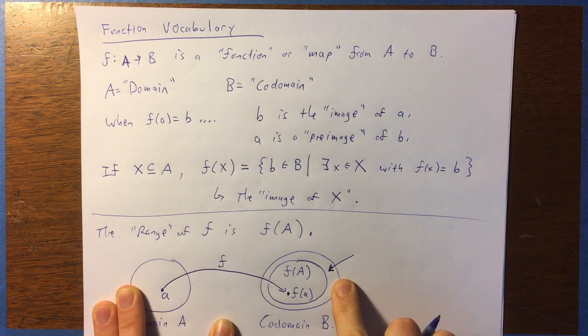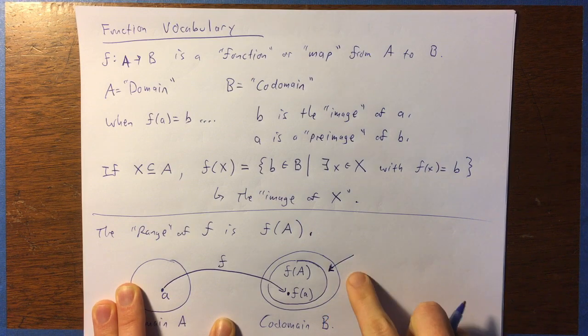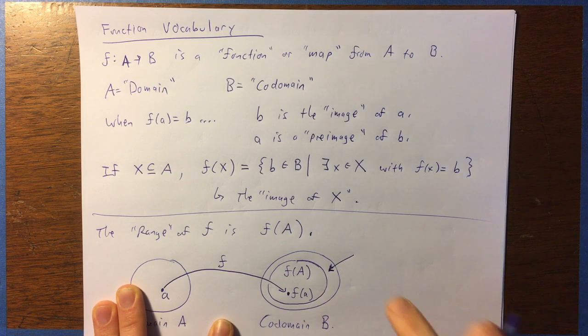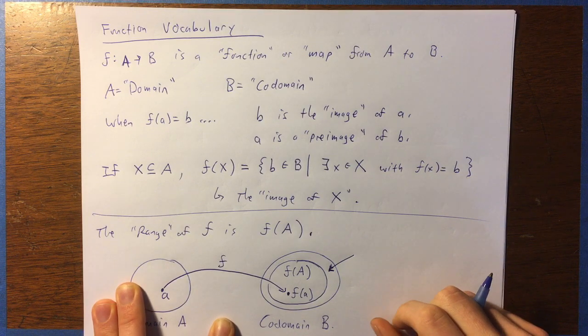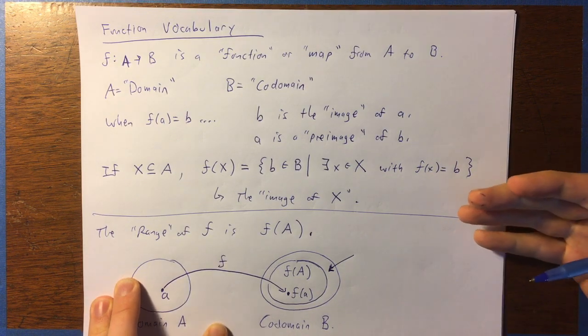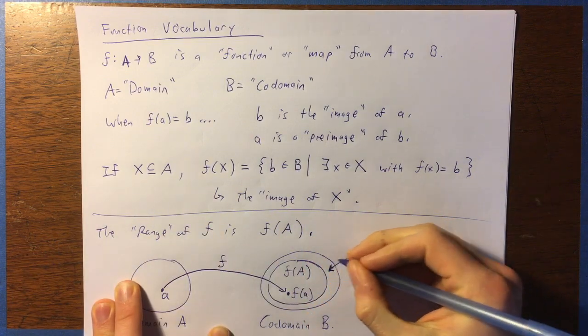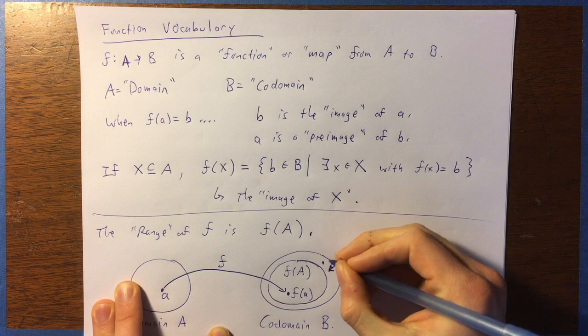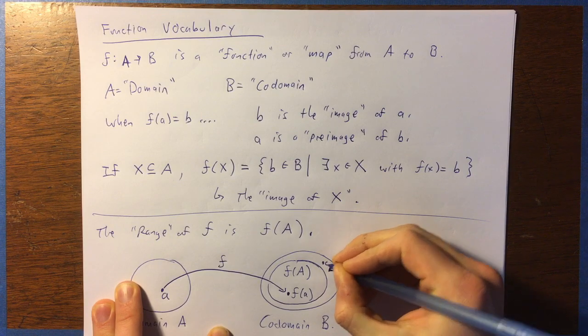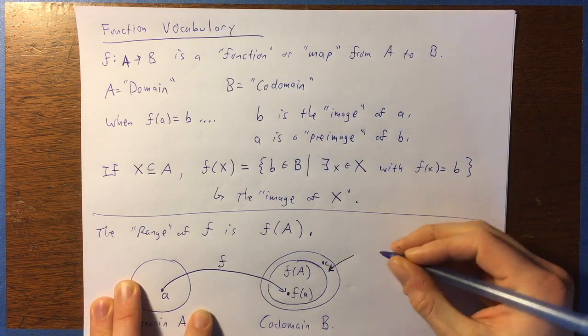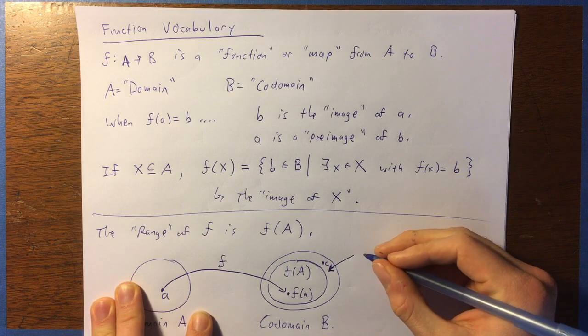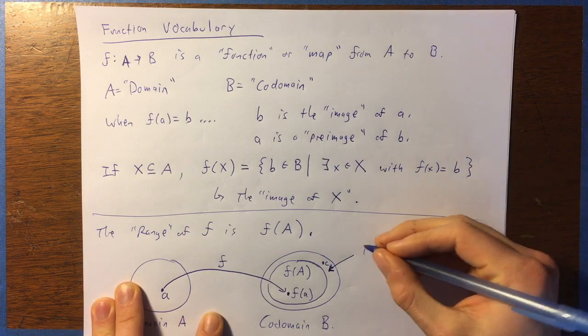But there could be elements of the codomain B that are not in the range. They're not mapped to, so to speak. There's no pre-image for them. There's nothing over here that maps to something over here. So if you have an element like, let's call it c, sitting over here, maybe these elements have no pre-image.